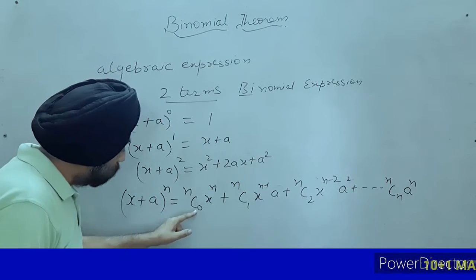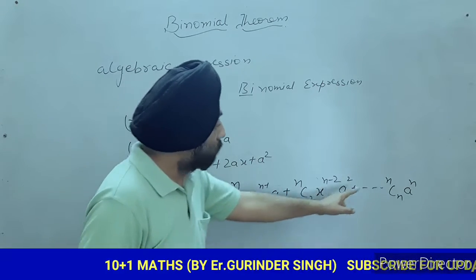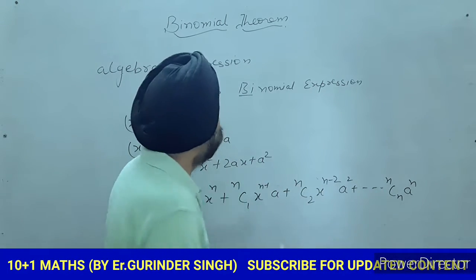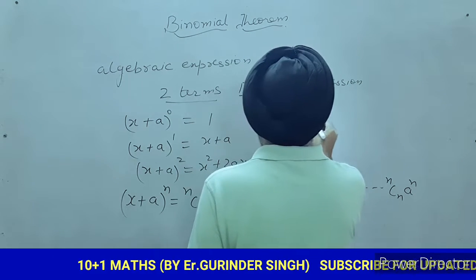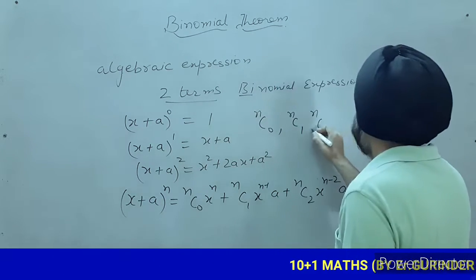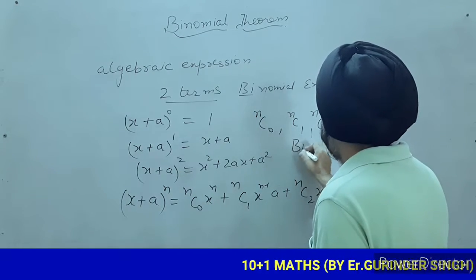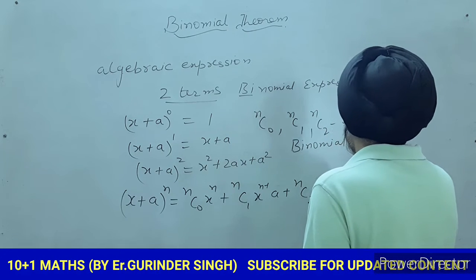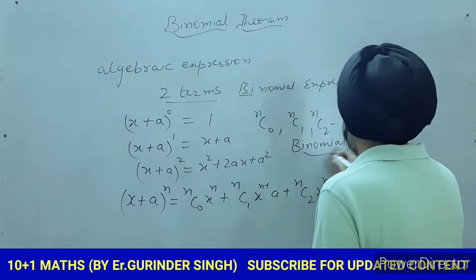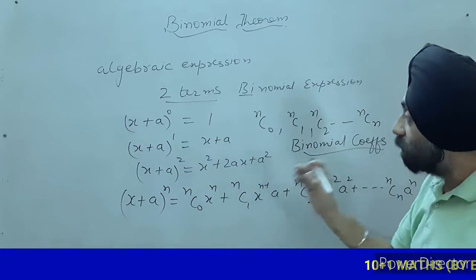Now nc0, nc1, nc2, up to ncn are called binomial coefficients. And the values of these can be calculated by using a very simple formula.